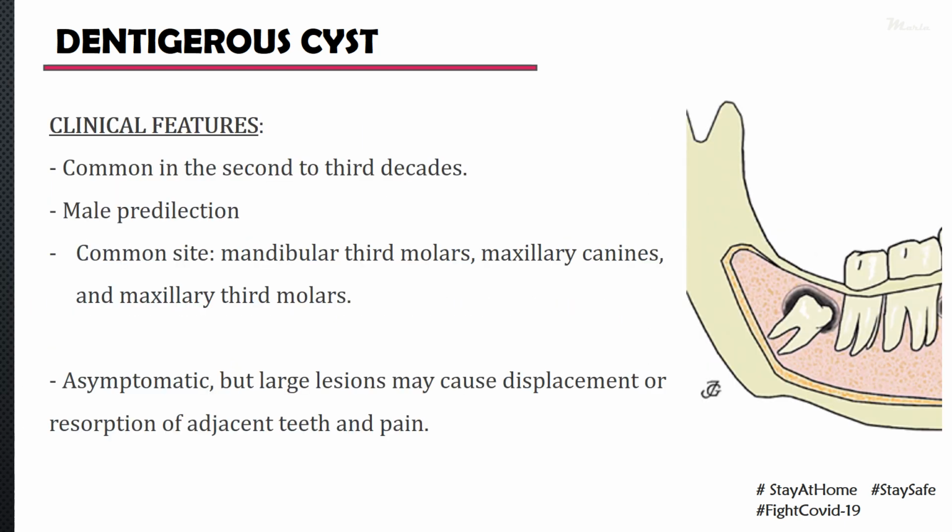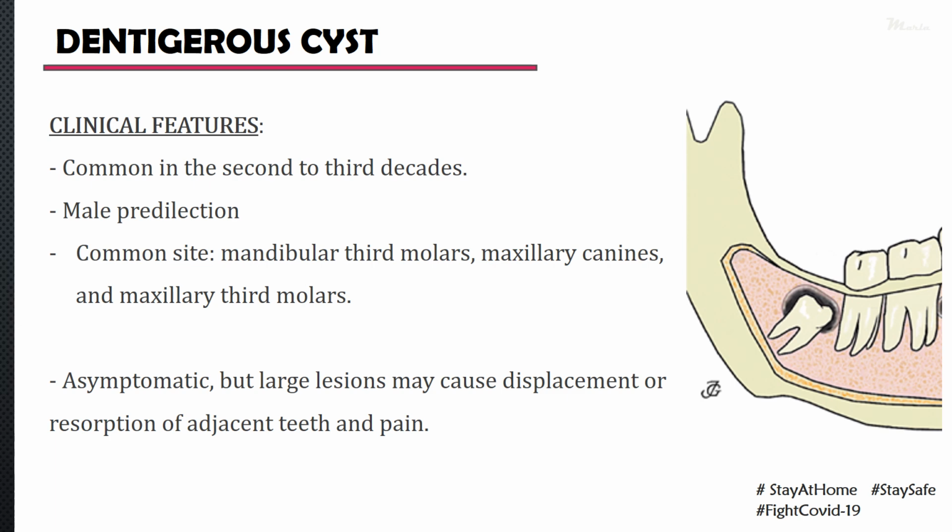So, the dentigerous cysts are commonly encountered in the second and third decades of life. These cysts are more common in males as compared to females. The common site of occurrence is the mandibular third molar. This is followed by the maxillary canine and the maxillary third molar.